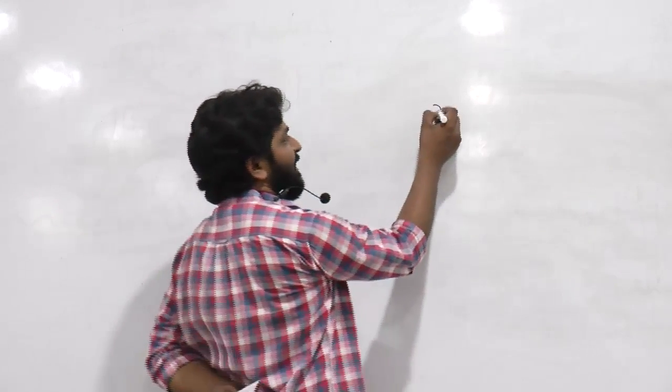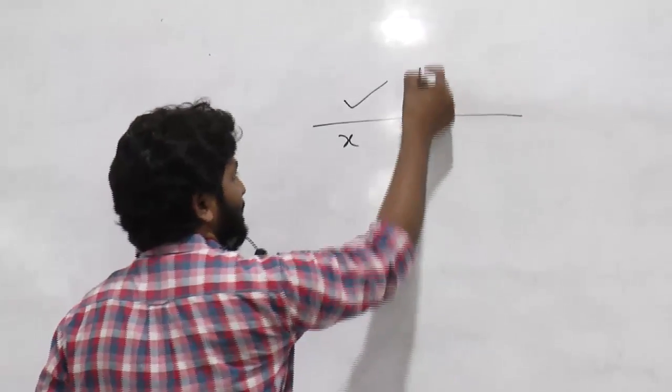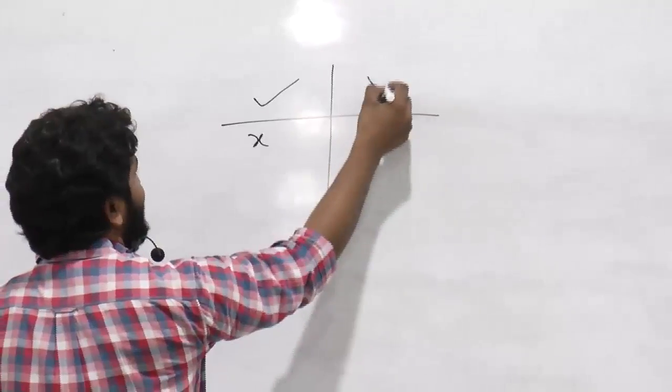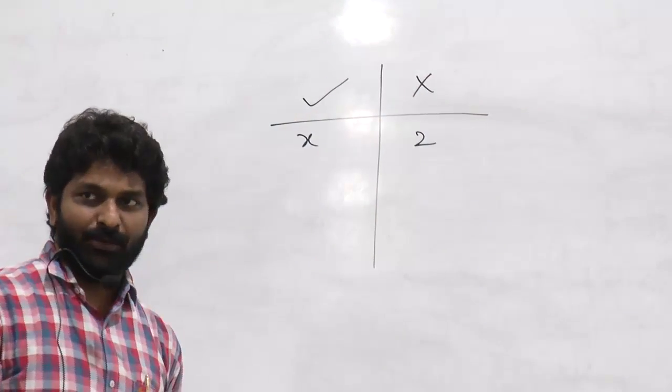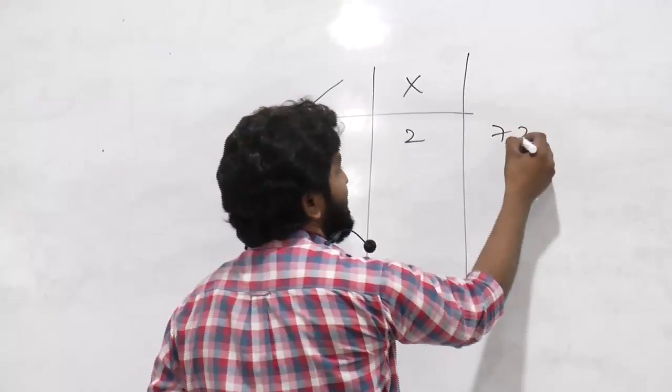In the very first case, he attempted X questions correctly, and he was given a wrong answer for 2 questions, and thereby he got 72%.